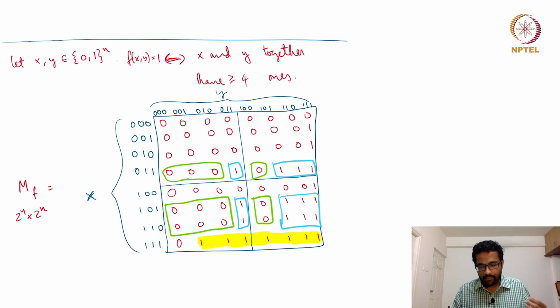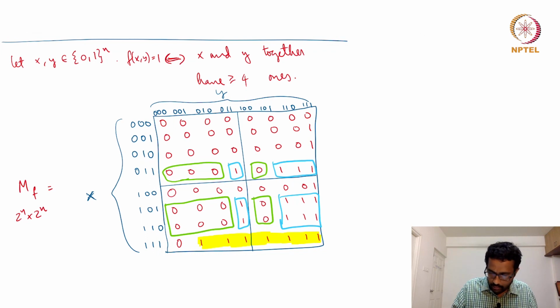Let us take the first entry here, this entry that I am encircling with the blue. This is the function value when Alice has 0 0 0 and Bob has 0 0 0. So together they have 0 ones. So obviously the function value is 0.